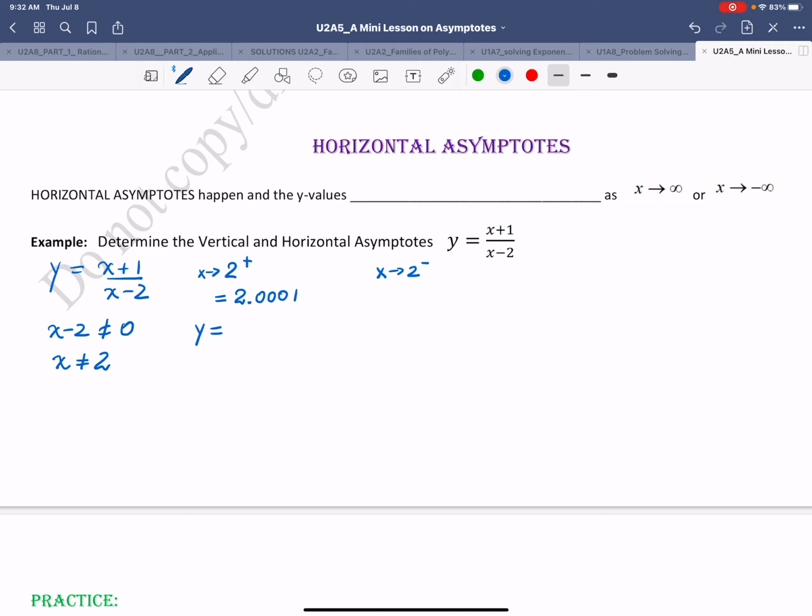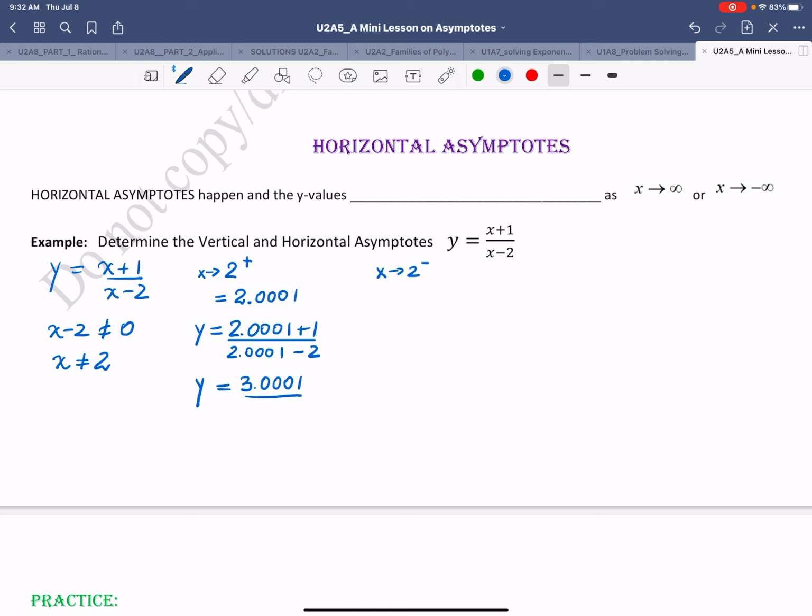So instead of x, we are going to write 2.0001. So 2.0001 plus 1 divided by 2.0001 minus 2.